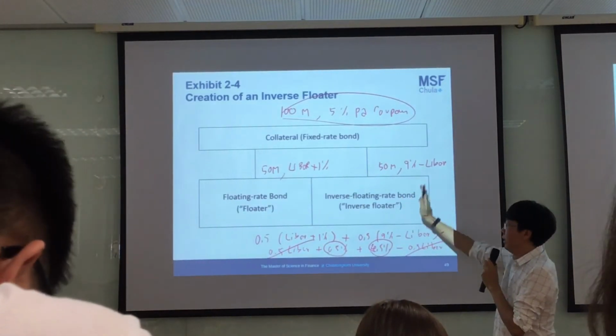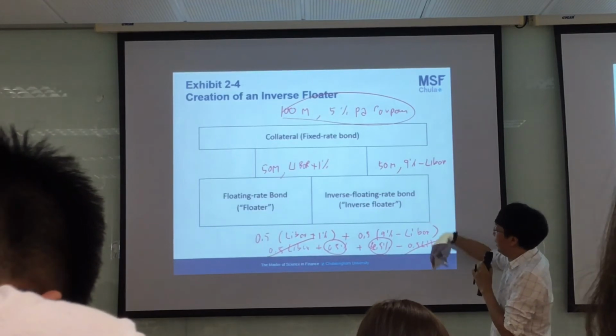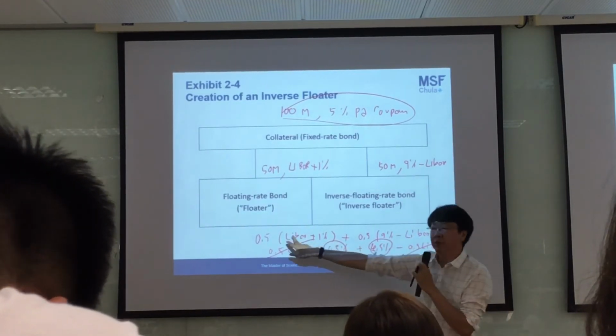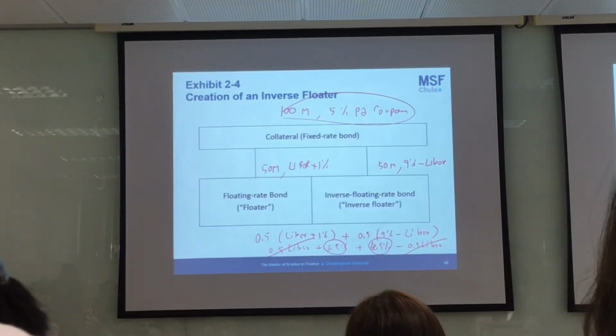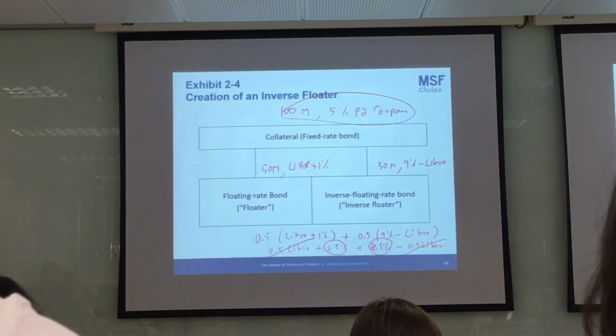When LIBOR decreases, you pay more for this one, and less for that one. In total, you pay no more than 5%.